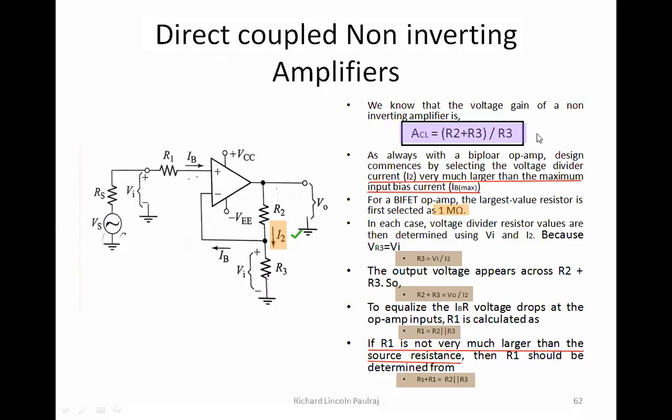Number one, we need to know what ACL is. Then we need to know how R3 is taken, and how R2 plus R3, then how R1 is decided, and another case for R1.